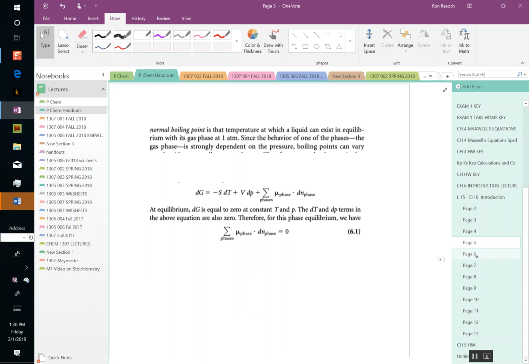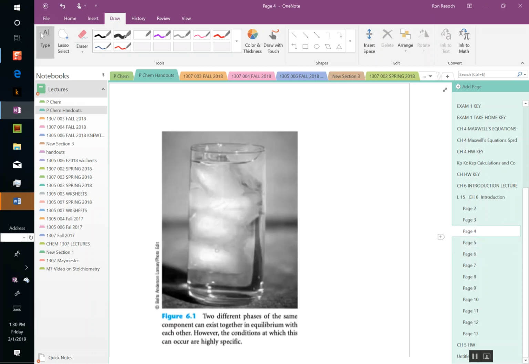Aren't there multiple temperatures based on the pressure? Well, on a phase diagram there's going to be a line where they're touching. It's all right along that line. Yeah, it depends on the pressure.